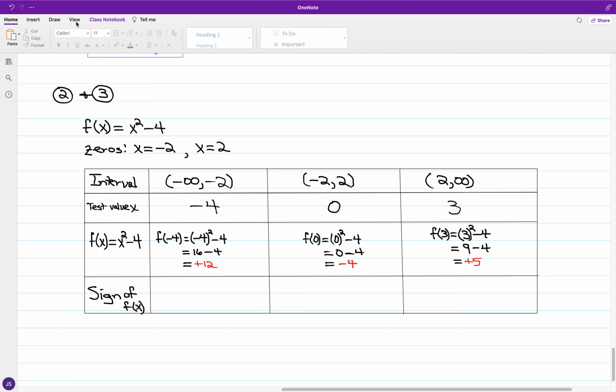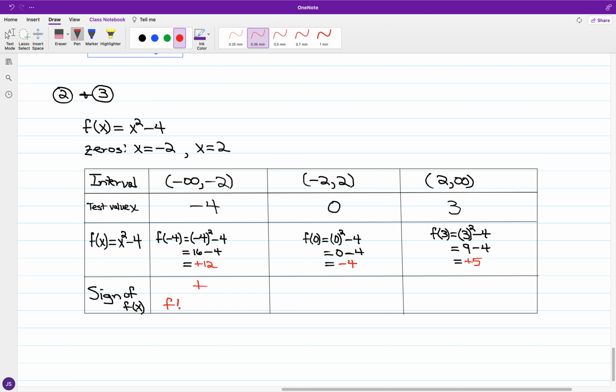If you notice what I have in red, I selected a value less than negative 2, and with negative 4 chosen, the output was positive 12. This is a sample showing that any input you choose that is less than negative 2, your function value or output is going to be positive. So in this case, you would have f of x greater than 0.